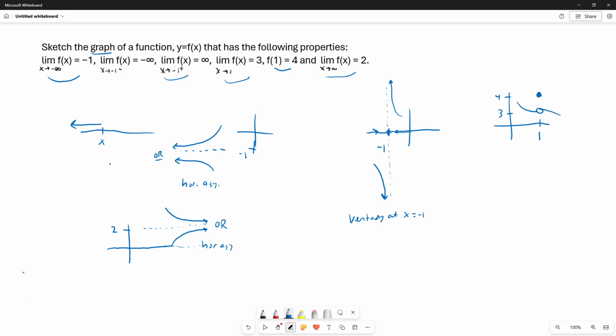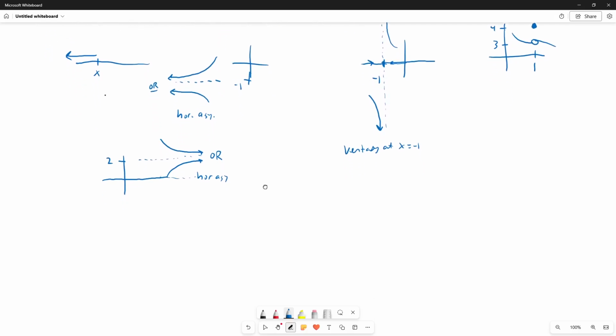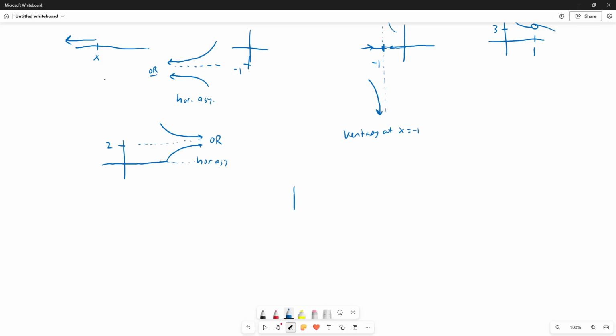Okay, so now we want to put all this together in one graph. So on the left end, we had a horizontal asymptote at the height -1. And then at x equals -1, we had a vertical asymptote, and the curve was going down to minus infinity on the left side.